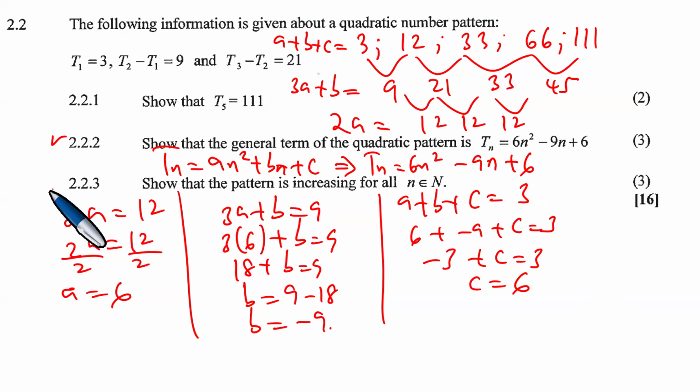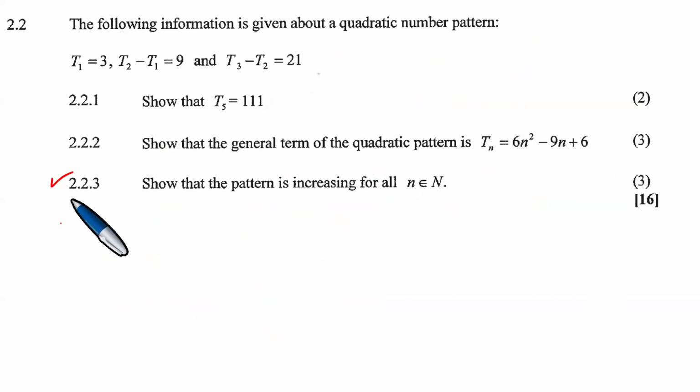Next, we focus on 2.2.3, and we show that the pattern is increasing for all n which are elements of the natural numbers. Okay, let's look at that. So looking at 2.2.3, we get the following. There are a couple of ways to take this into account, one of which is to decide on what necessarily happens at this point.